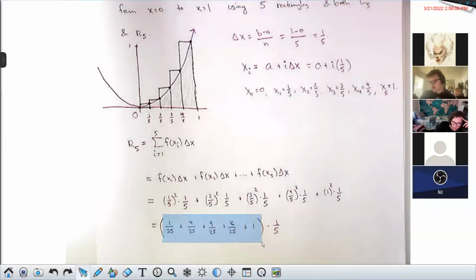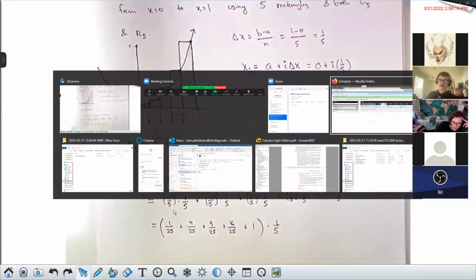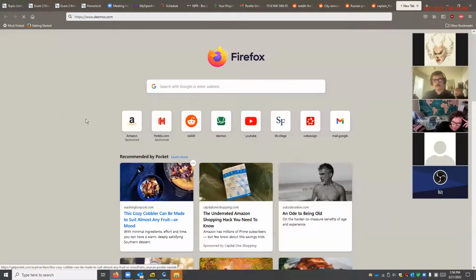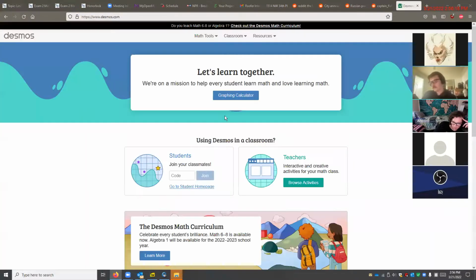This sum, I don't have the patience for myself. We could, of course, compute it as a sum of squares. You could factor out the 1/25, but for my money, just use a calculator at this point. No harm in that.